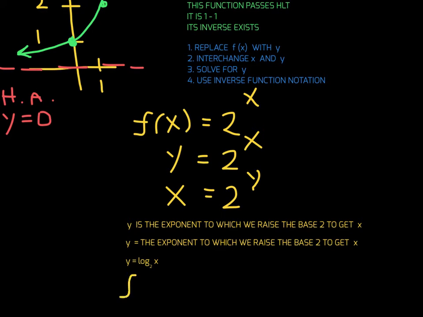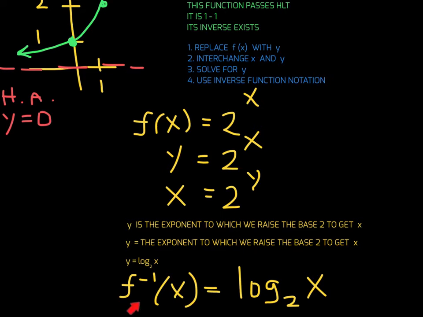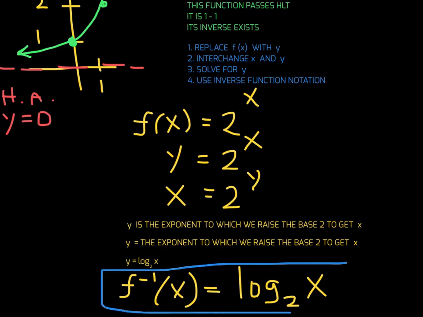F inverse of x, that's inverse function notation, is equal to log base 2 of x. Y is the exponent to which we raise 2 to get x. All right, very good. So this is the inverse of 2 to the power x.